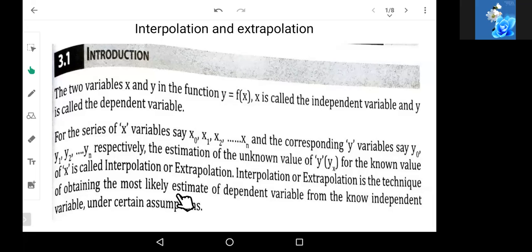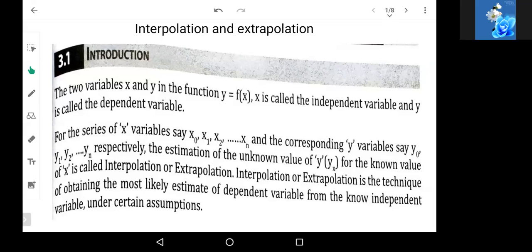We will be able to estimate the dependent variable from the independent. Now, x is the independent variable. Using the value of x, which is already known to us, we will be finding out the value of y.